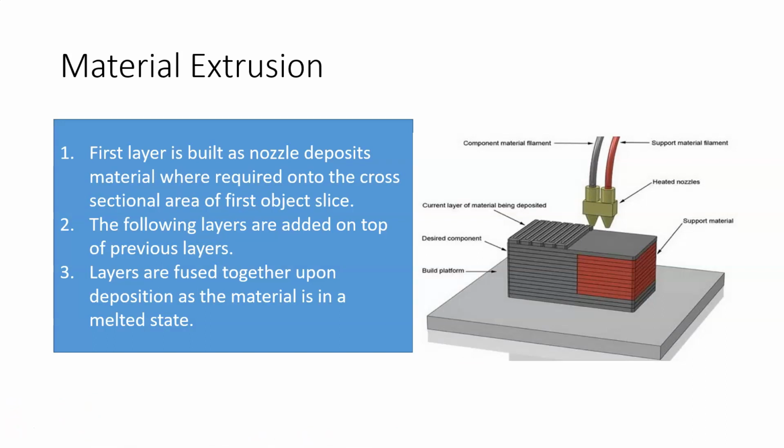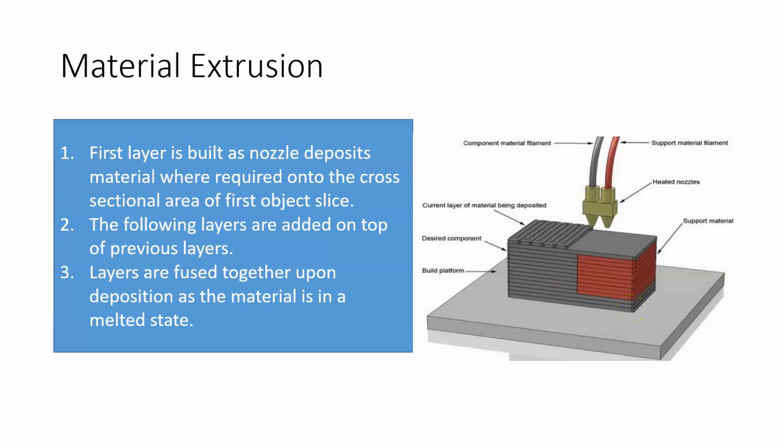The first step is the first layer is built as the nozzle deposits material where required, according to the cross-sectional dimensions of the layer, onto the cross-sectional area of the first object slice. Okay. At this point, the platform here, you can see the build platform, is going to be basically as close to the heated nozzles here as it can be. So it's going to deposit just that first layer.